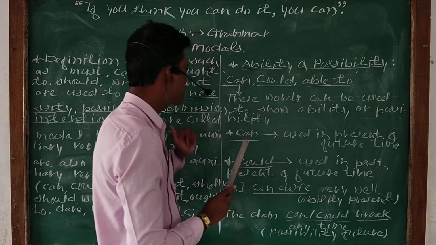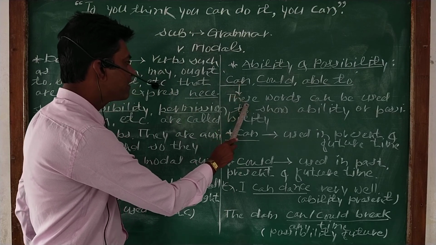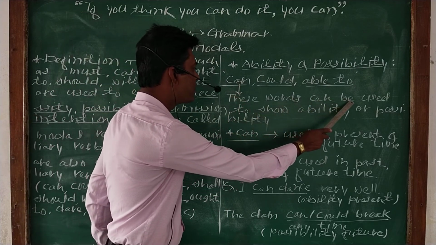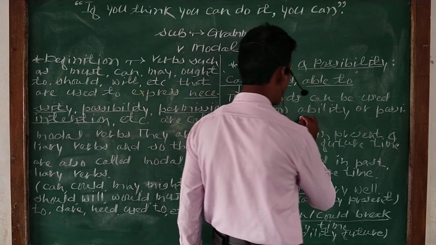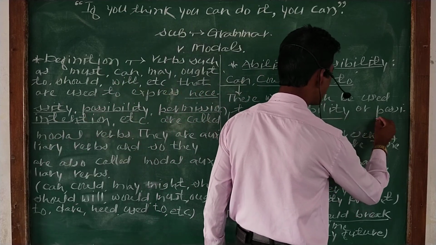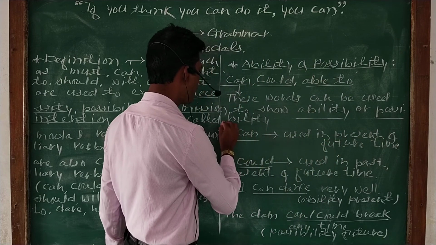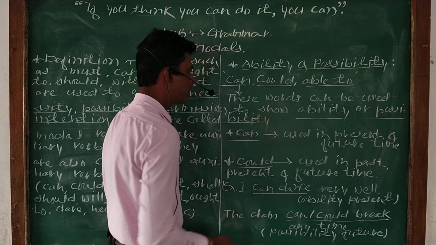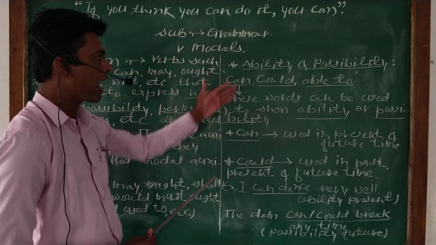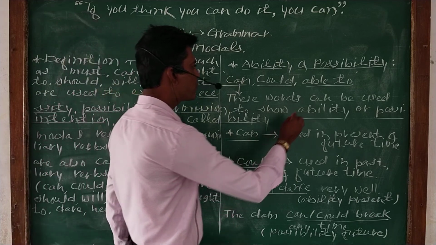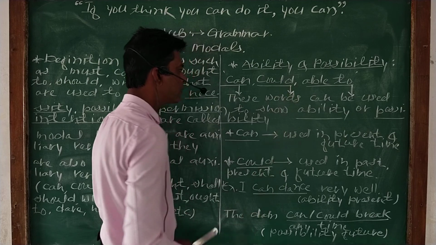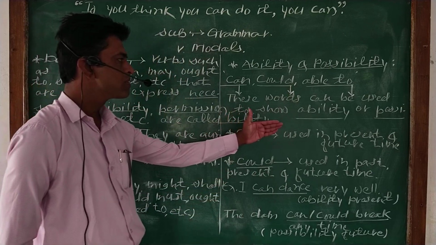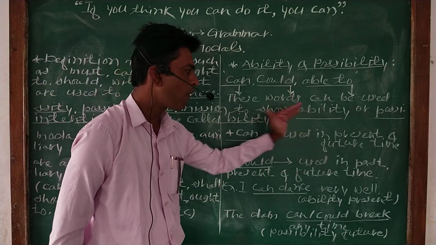First, look at can. These words can be used to show ability, or you can say possibility. These all words, can, could, able to, show ability or possibility.